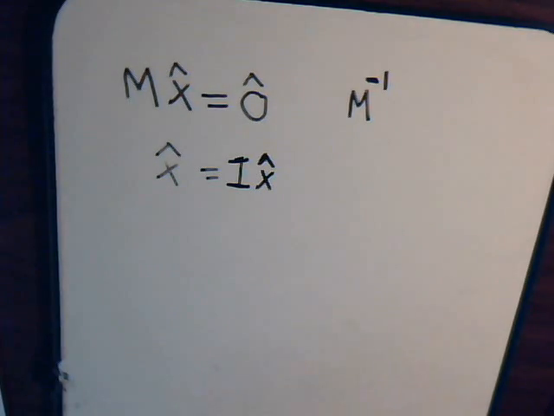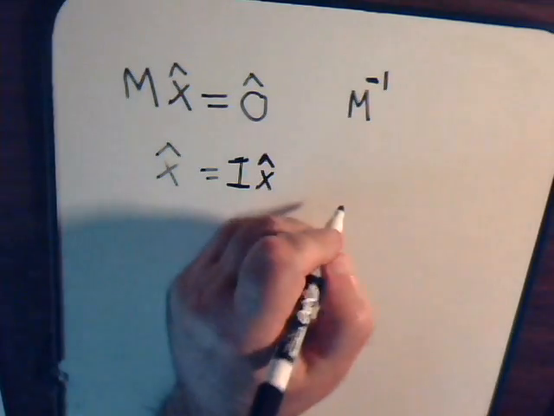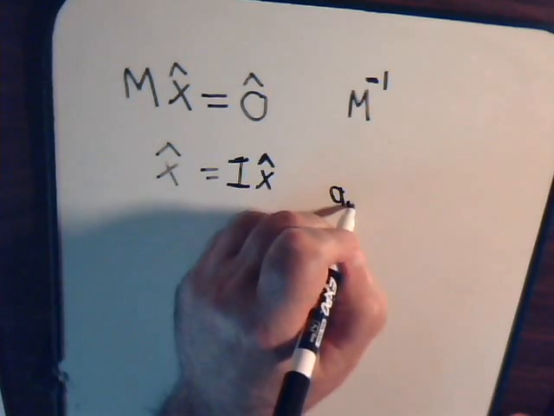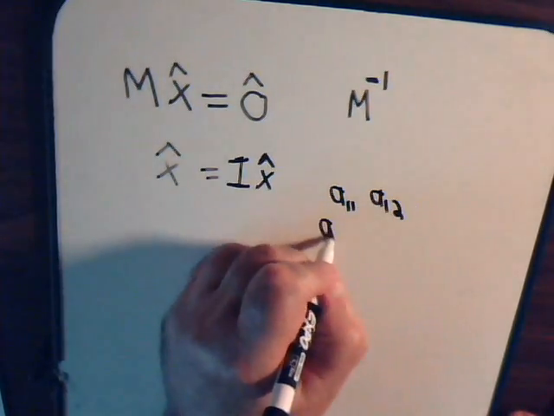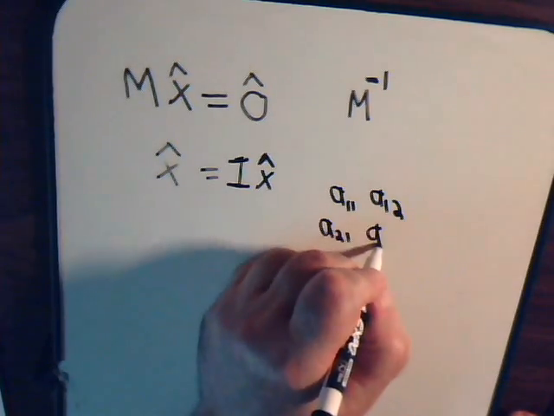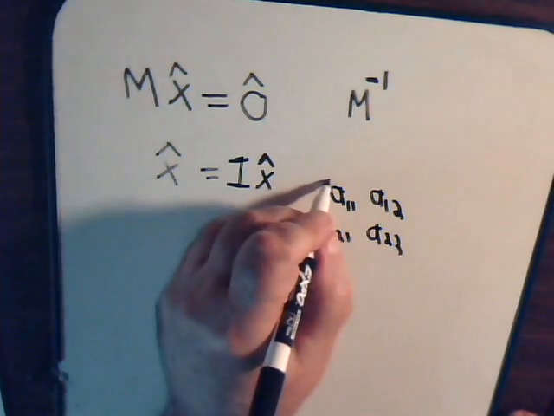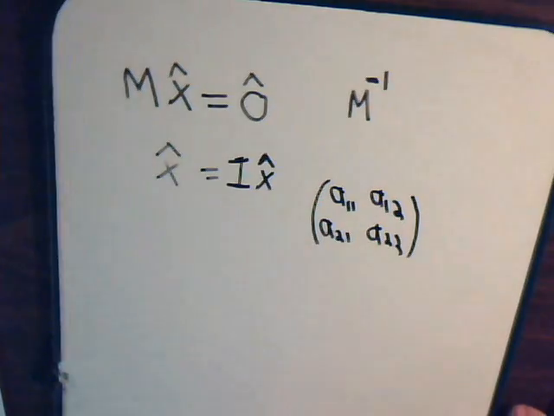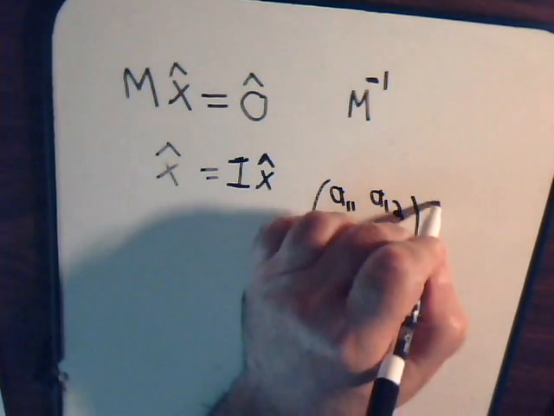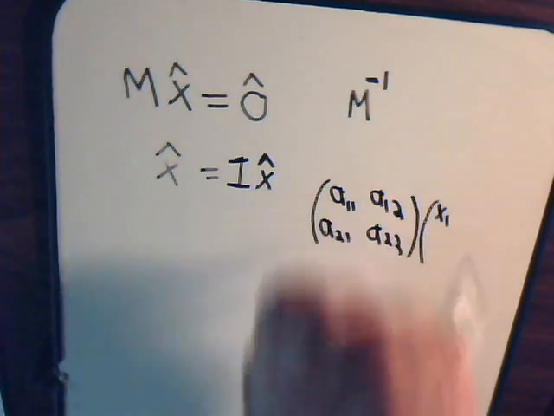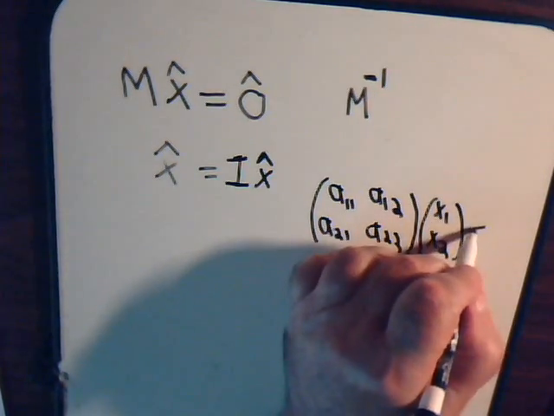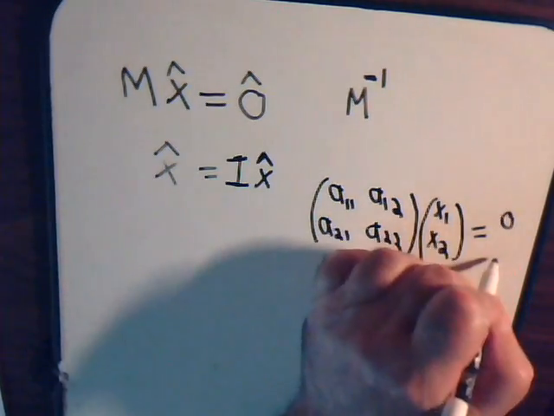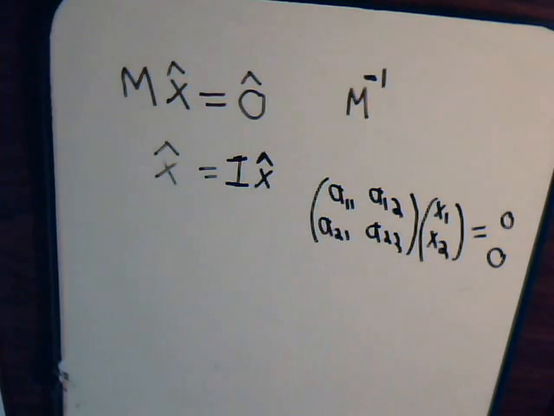For example, if we just had a real simple system, say a 2 by 2 matrix, A11, A12, A21, A22, and we multiply it by x1, x2 to equal 0, 0.